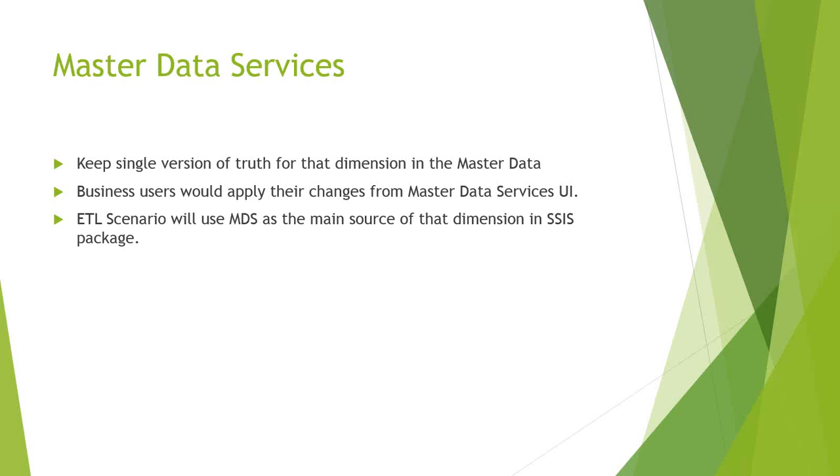If we are going to store that customer information as an entity in Master Data Services, then we should consider ETL to get data out of MDS rather than getting data out of another system. So in this case, we will use MDS as a source of customer data. When we use MDS as a source of data, we should have a way to get data out of MDS.